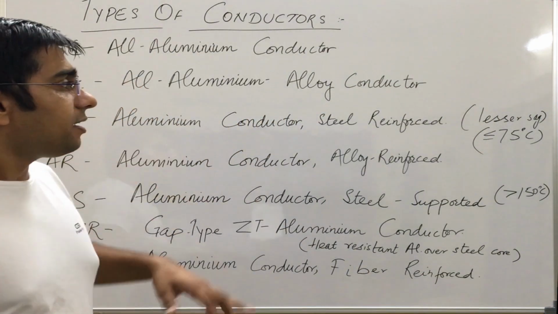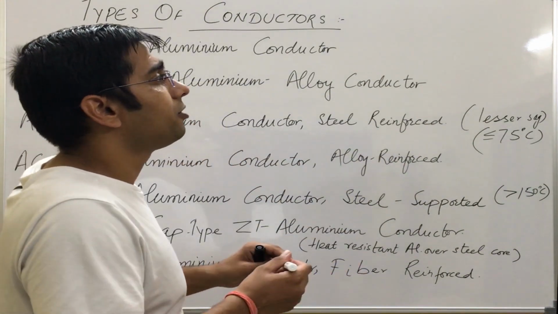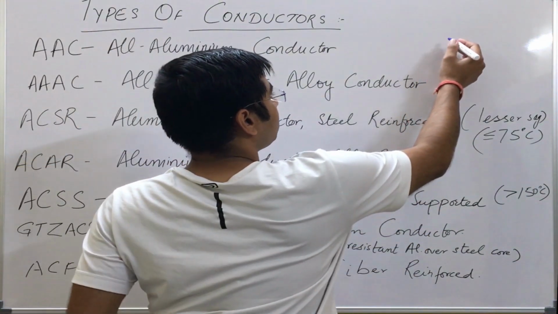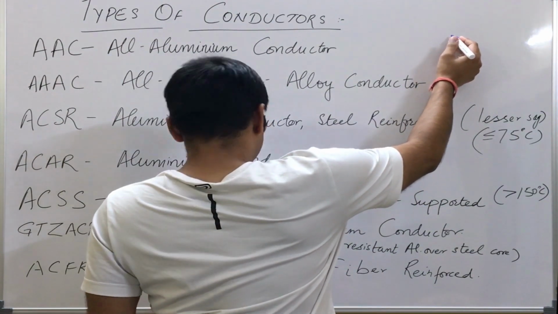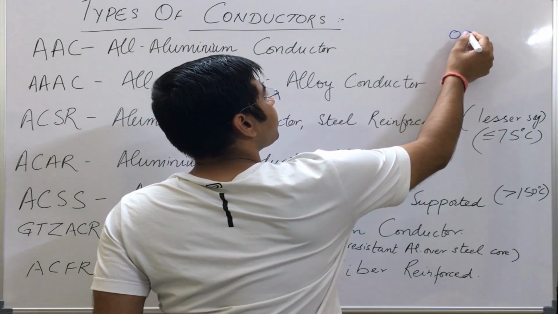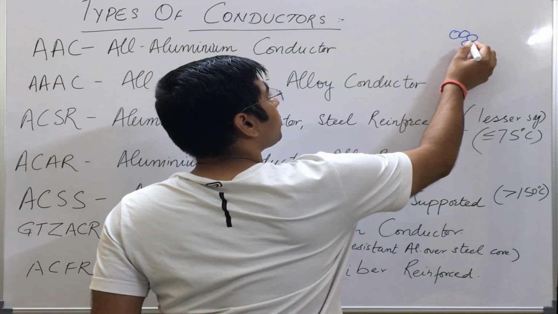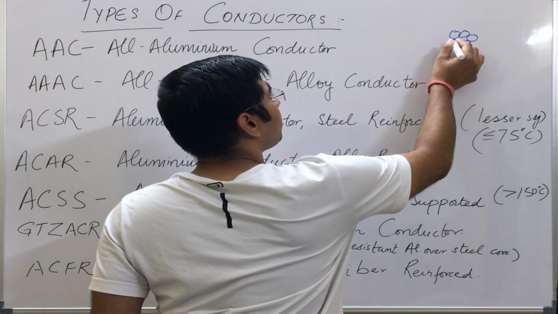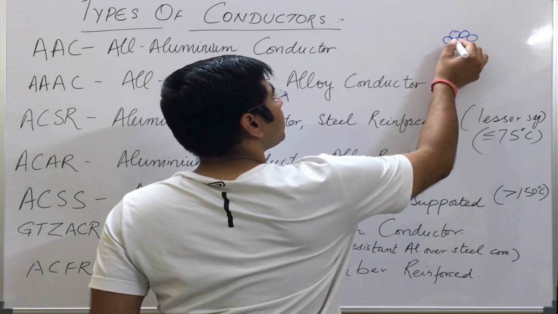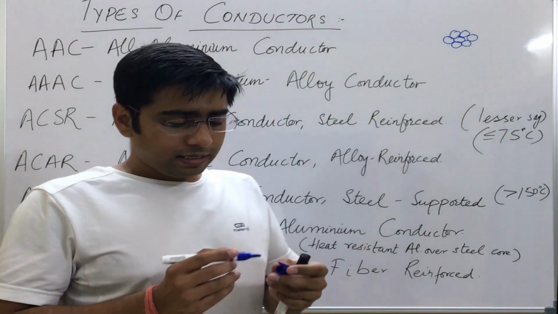In ACSR, what is there? We have a central strand, let us say made of steel, like this. Let us say the central core is made of, say, 7 strands: 1, 2, 3, 4, 5, 6, 7. Let us say this is the central core of the conductor.